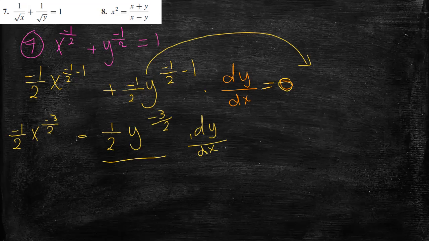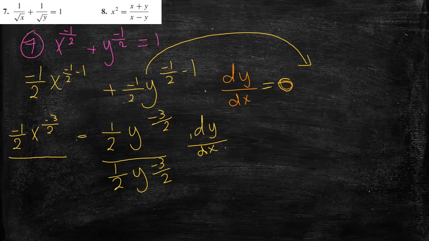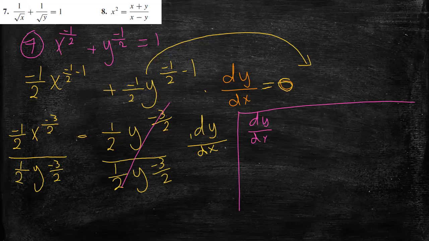Then let's divide by half y raised to the power negative 3 over 2. Then let's simplify it. So the half cancels, and dy over dx is left. So it comes like negative x raised to the power negative 3 over 2 over y raised to the power negative 3 over 2.